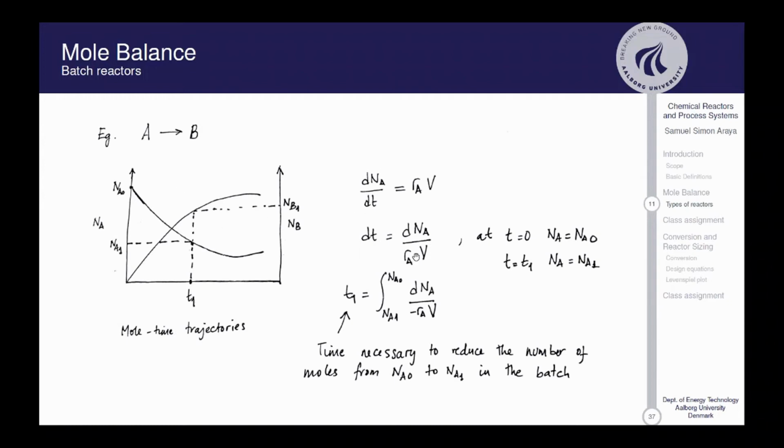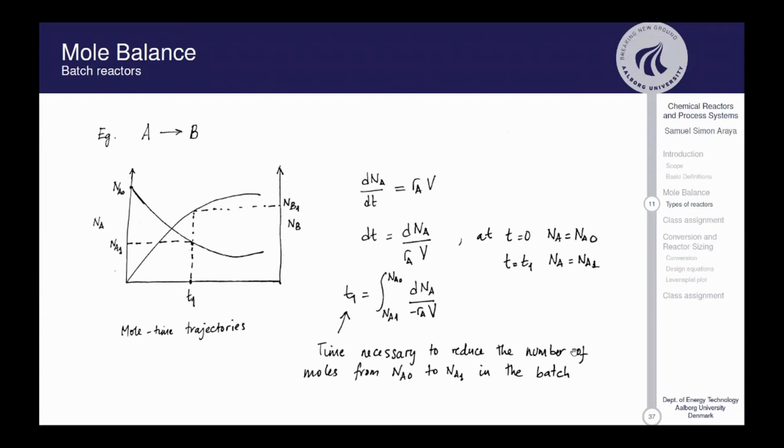if we use that design, the mole balance, we can reintegrate this, and then we have t going from the beginning to the time we pick. This will be the time that it takes to get us to this conversion, and it's also associated with a conversion, which we will see later.